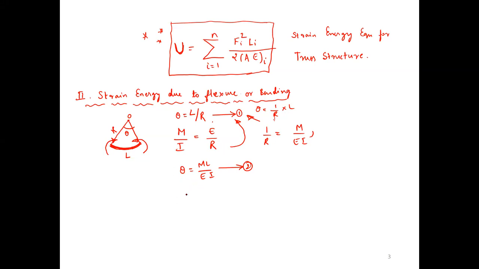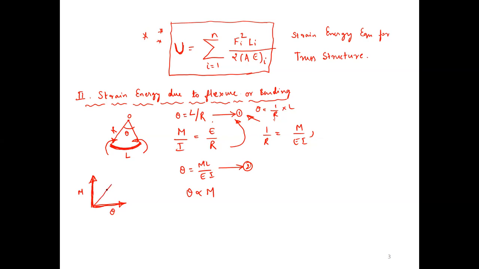Now you know that here M is the moment, L, E and I are constant. Therefore, theta is proportional to M. Now plot a curve in a similar fashion. This is M, this is theta.